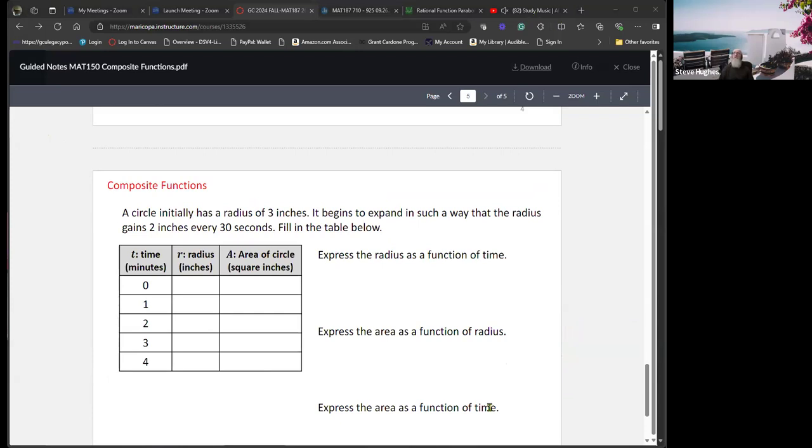A circle initially has a radius of 3 inches. It begins to expand in such a way that the radius gains 2 inches every 30 seconds. Fill in the table below.